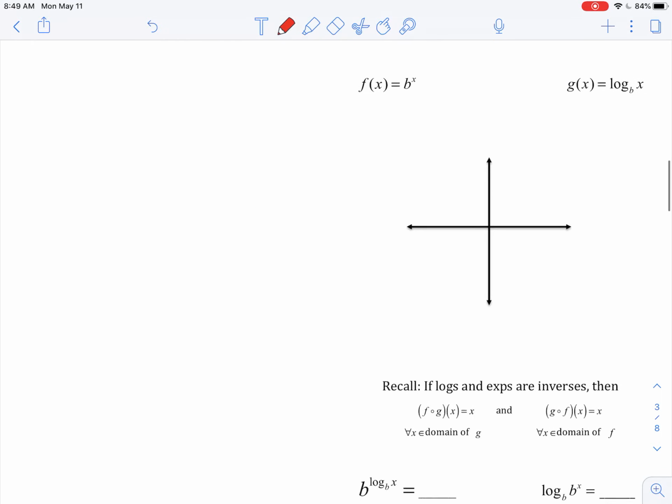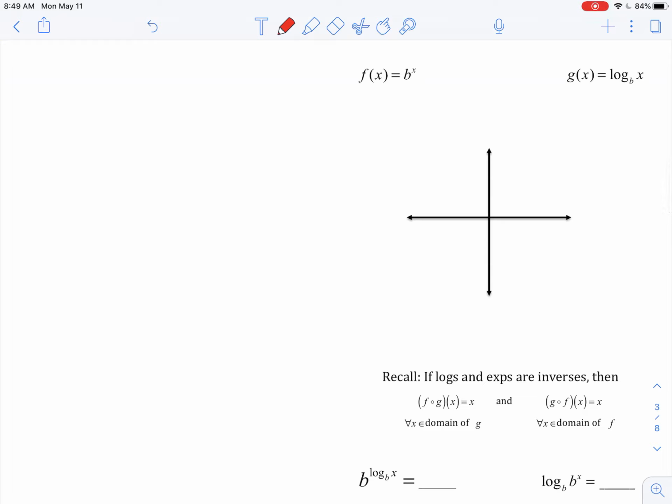So one last thing, the main thing with our exponentials and logs, okay, is remember that we're going to be working with b greater than 1. If we have f of x equaling b to the x, our basic graph is this exponential that is increasing from left to right from quadrant 2 into quadrant 1.